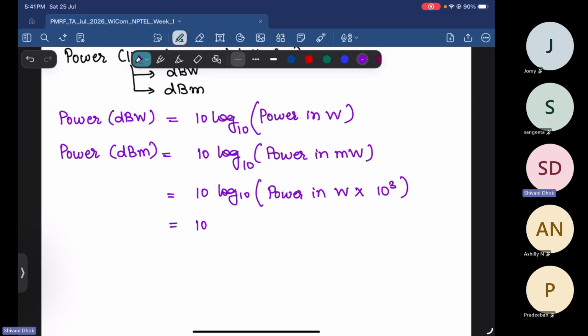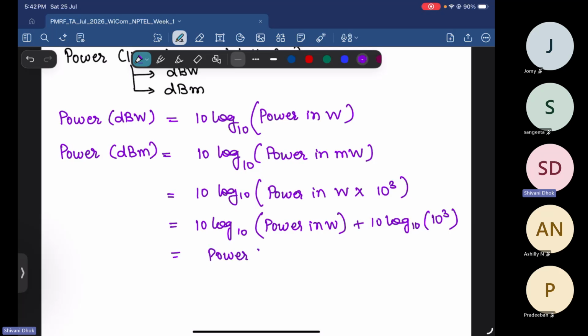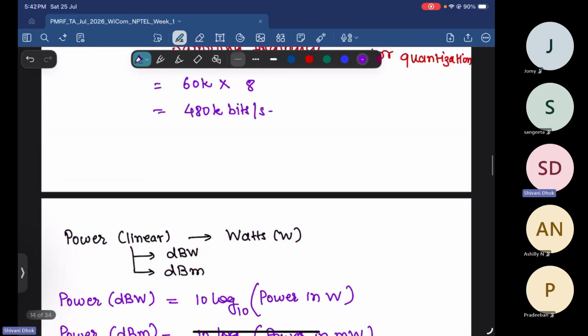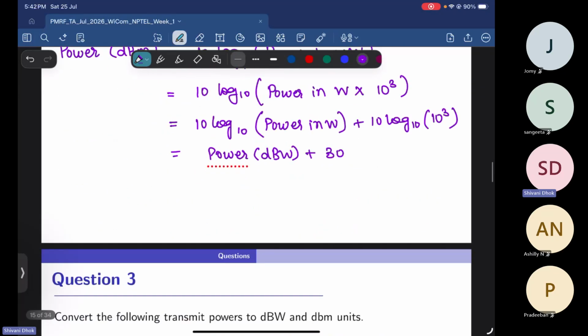So this becomes 10 log to the base 10 of power in watts plus 10 log to the base 10 of 10 to the power 3. So this comes out to be equal to power in dBW plus 30. So we'll just focus on dBW, and then use power in dBW plus 30 to get dBm values. So this entire thing is basically in dBm.